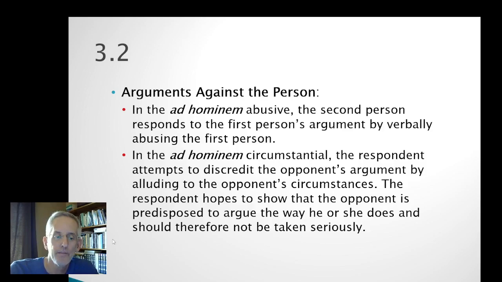A good example I've seen in the media of an ad hominem circumstantial involves Bill Gates, the founder of Microsoft. He's given a lot of money to education for the development of technology for educational purposes.